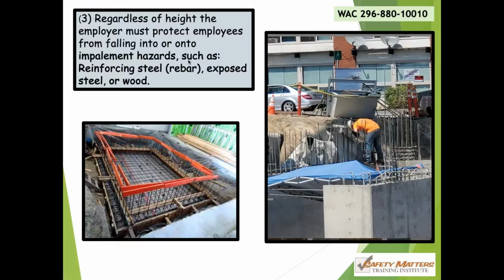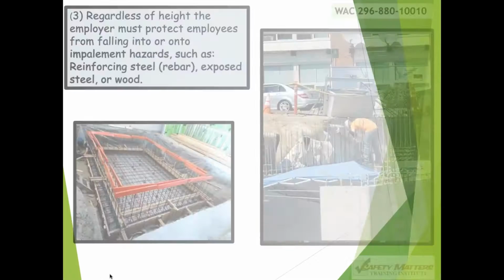They never really defined it in the old WAC code, so now they're defining it, such as reinforcing steel, exposed steel, or wood. This is fairly new. They've never really defined what the impalement hazards were. Everybody just kind of figured, oh, of course, rebar. But we have to protect our workers, even if I can fall into wood. Now, this would be wood that would be sharp, that would be able to impale me.